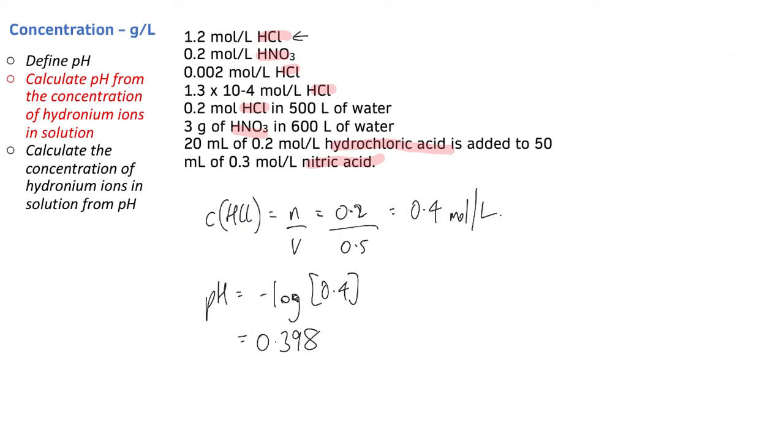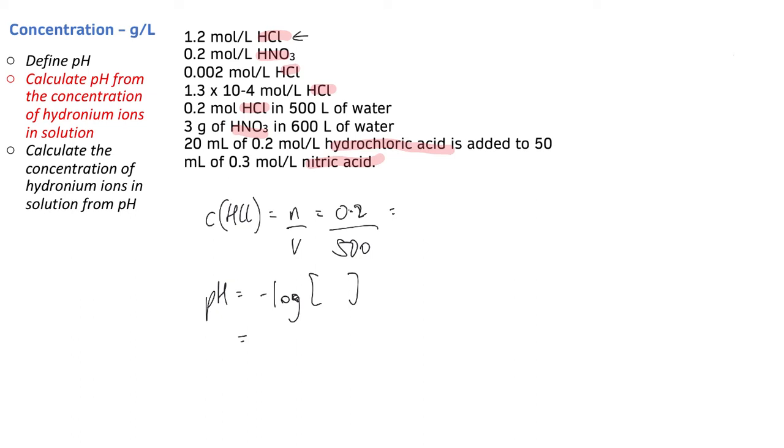What about 3 grams of HNO3 in 600 liters of water? Oh, whoops. Mr. Lim did not read this one correctly, so this is not 0.5, this is actually 500. So this is a tiny number. Mr. Lim's going to fix that.